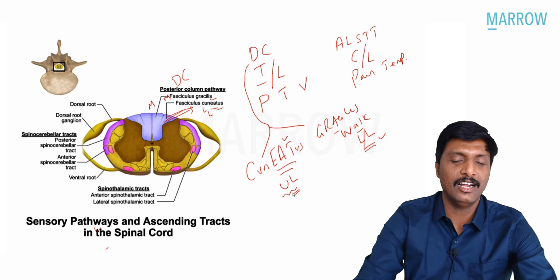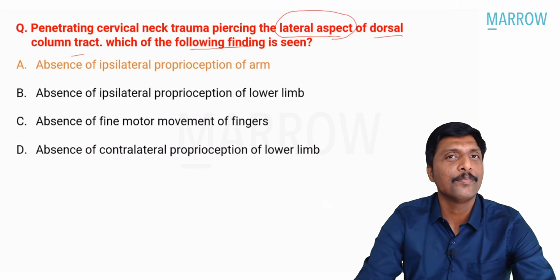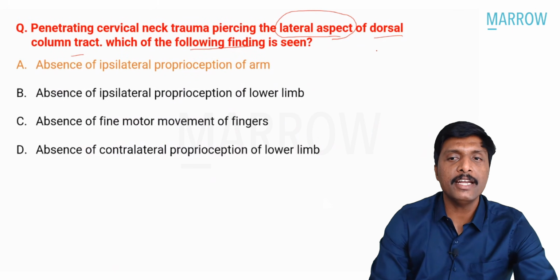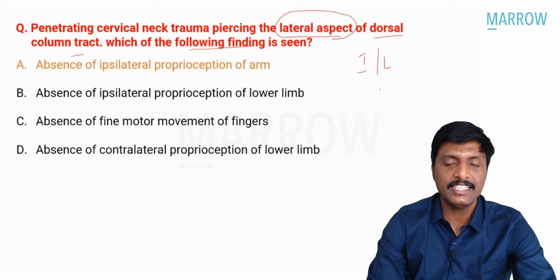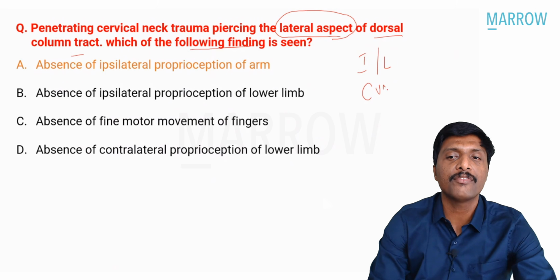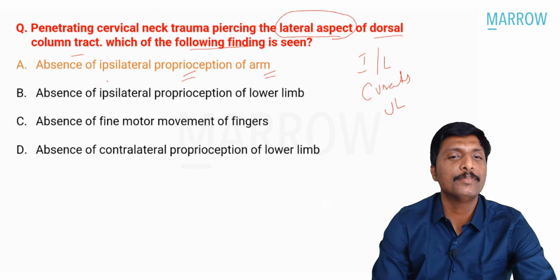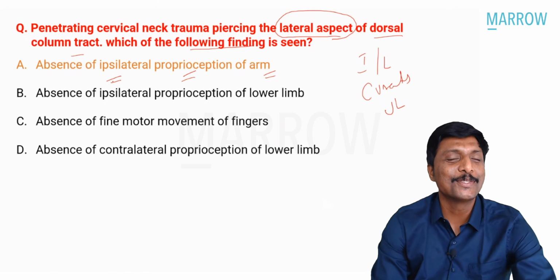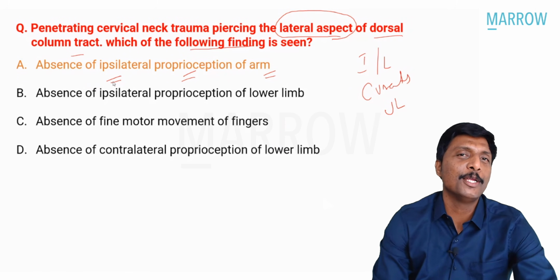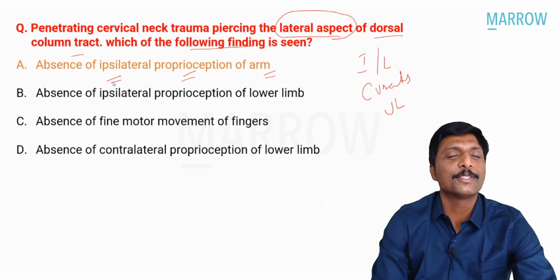With this idea, look into the question again. So dorsal column means definitely ipsilateral it will be lost. Lateral side means who is going to get affected? Cuneatus. That means upper limb, arm. Proprioception, dorsal column sense, ipsilateral. So the fact beautifully converted into a very important concept.